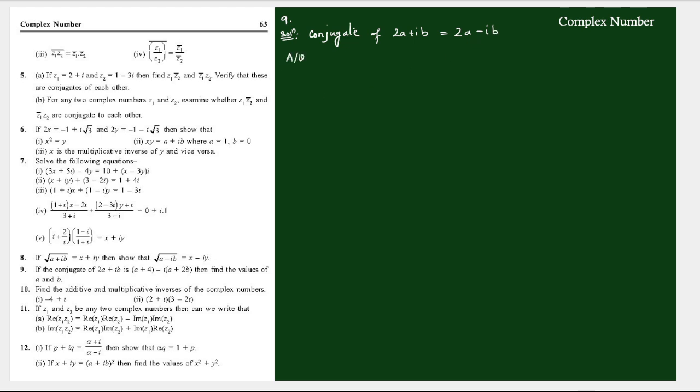So according to question क्या आएगा, 2a minus ib is equal to a plus 4 minus i a plus 2b. हमको a और b, तो ये तो real और imaginary separate separate है. We can write it down.